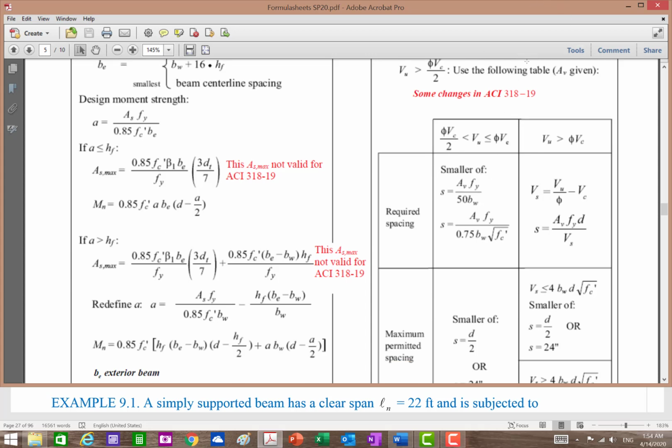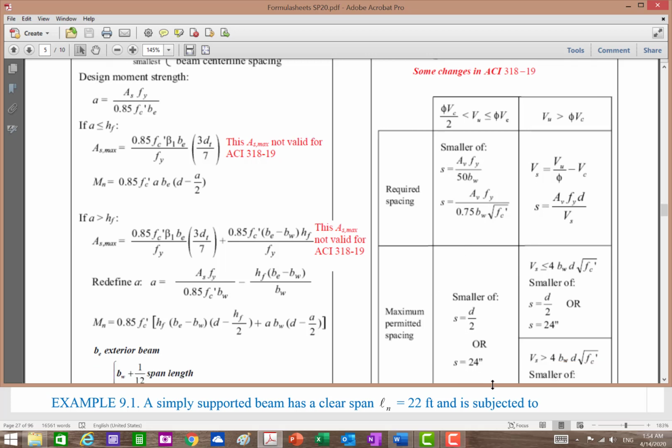And here are your four cases. In this first column, you have your 4 cases. So here's case 1, case 2, and this one is the minimum requirements. And then here are the maximums.